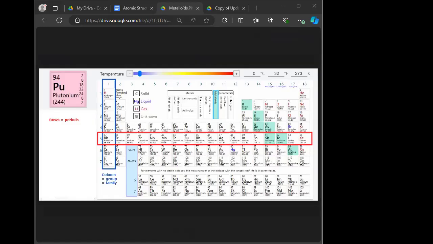So in other words, sometimes they can conduct heat and electricity really well. Sometimes they can't. Sometimes they can be stretched and made into a wire really easily. Sometimes they can't. So the semi-metals, or metalloids, they form a staircase line on the periodic table.